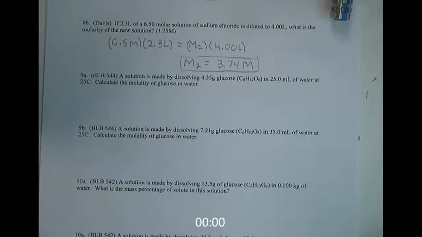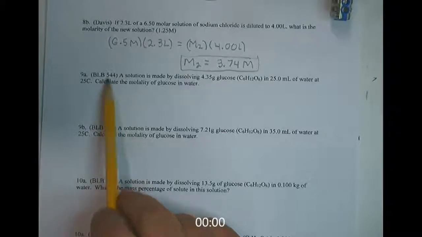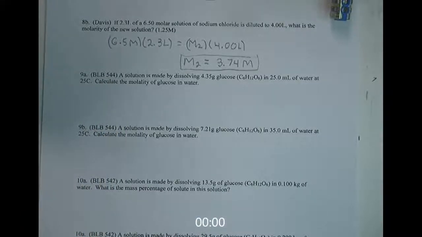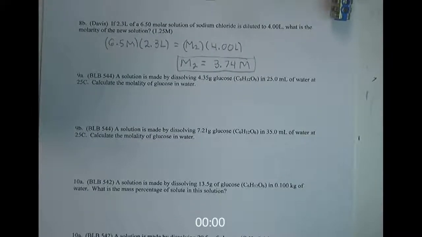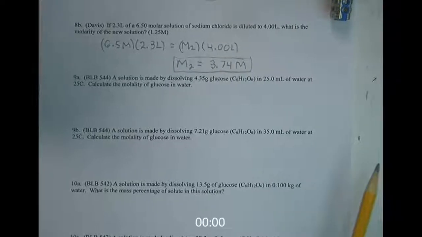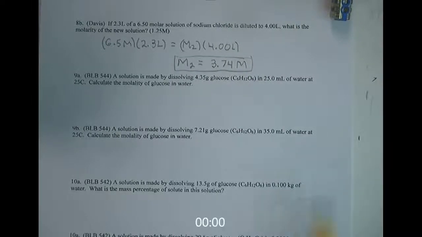Okay, so 9A. By the way, these are simply references to myself as to where I got the problem from, so you don't need to worry about that. A solution is made by dissolving 4.35 grams of glucose, and there's a chemical formula for glucose, you're going to need that, in 25 milliliters of water at 25 degrees C. Don't worry about the 25 degrees C, except it's a very standard temperature.